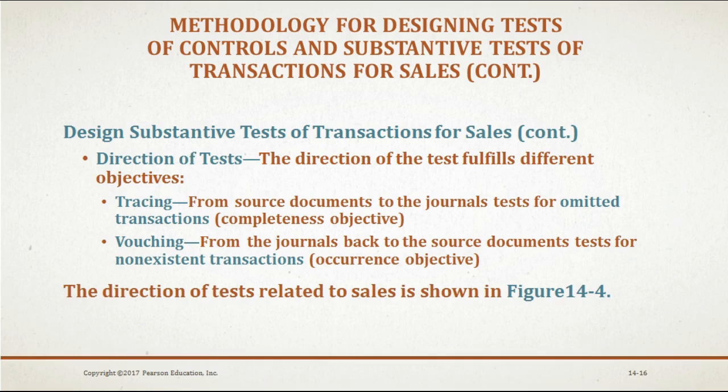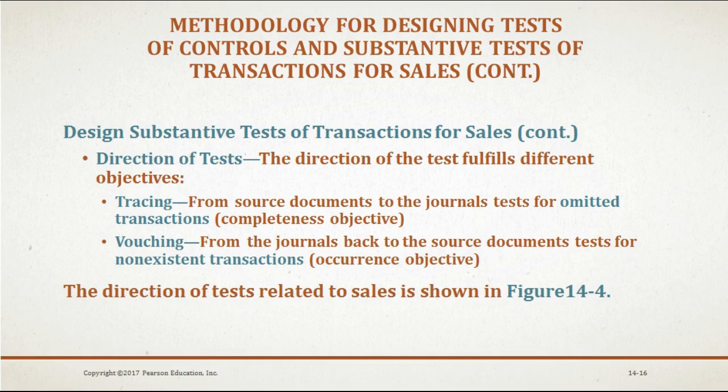Auditors need to understand the difference between tracing from a source document to the journals and vouching from the journals back to the source document. The direction of the test fulfills different objectives.